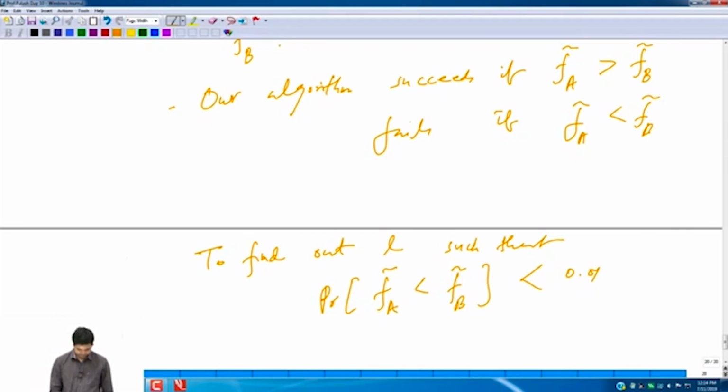So this is the question: compute the L so that this probability is less than 0.01.